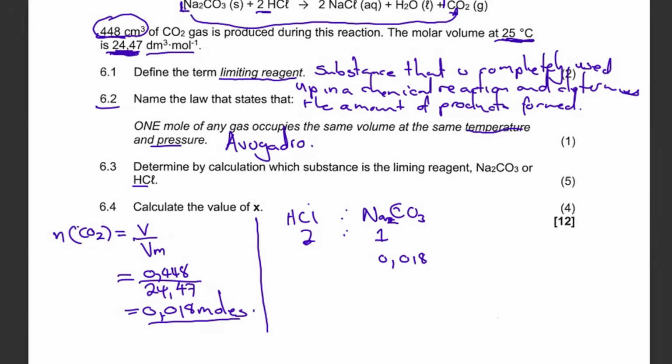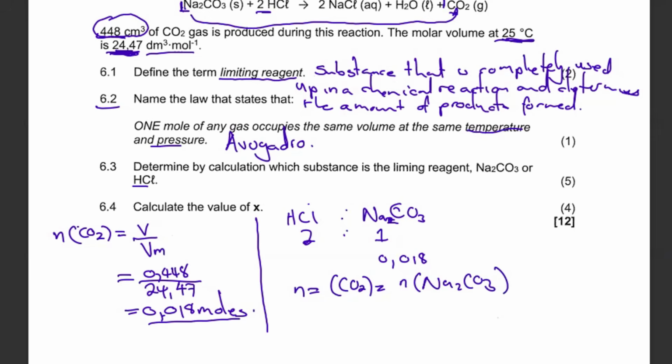Remember, the number of moles of carbon dioxide is equivalent to the number of moles of Na2CO3. So if we've got this information, now we can deduce according to the mole ratio what we are supposed to make use of.